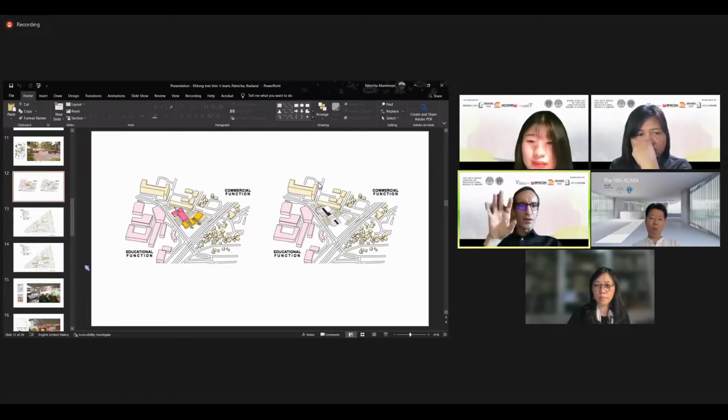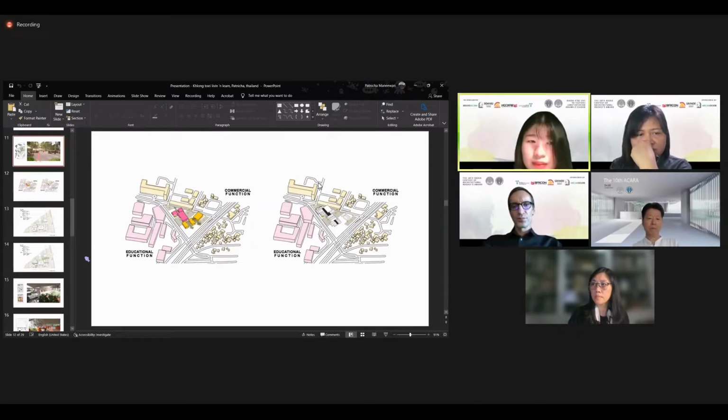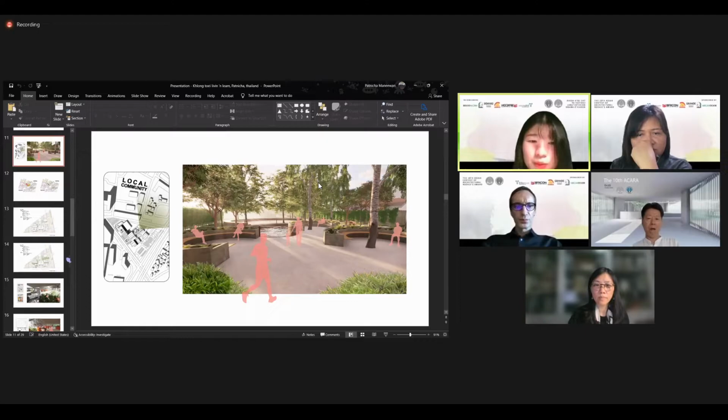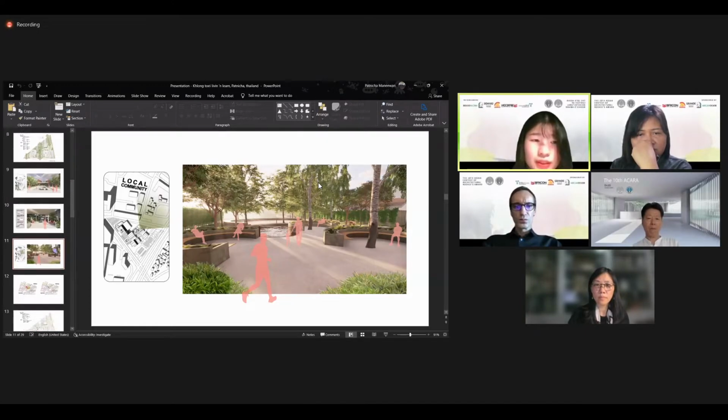Or do you have any documents that show those connections? Show the connection.